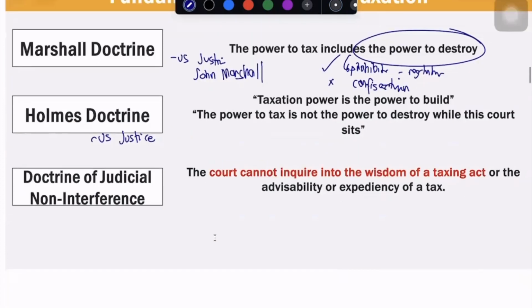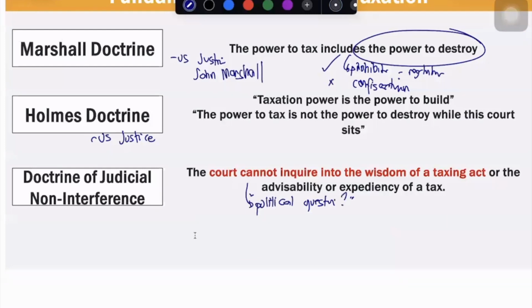Next, we have your doctrine of judicial non-interference. So the court cannot inquire into the wisdom of a taxing act or the advisability or expediency of a tax. Okay, we call this one political question. What is this political question?